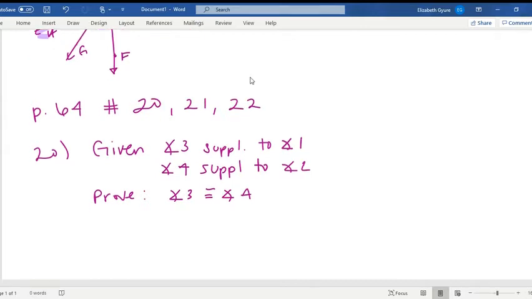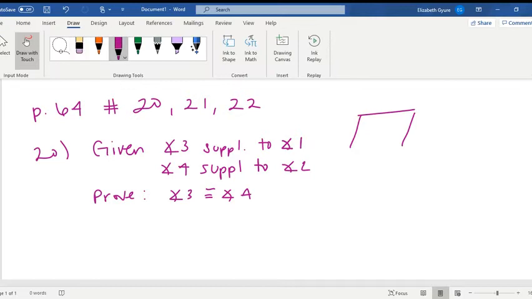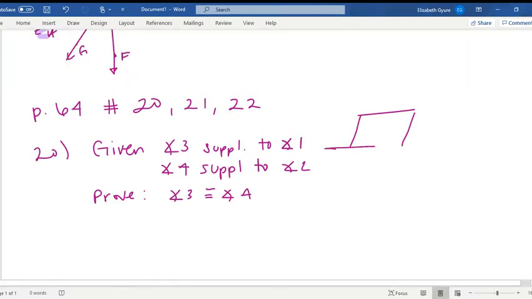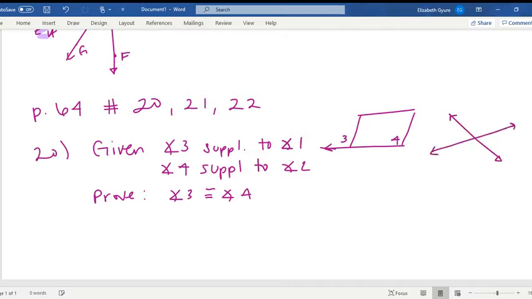And we have this little diagram over here, and we have kind of like a parallelogram. We'll pretend like that looks nice. Okay, so we have angle 3 here, angle 4 here, and then we have 2 intersecting lines here with angle 1 and angle 2.